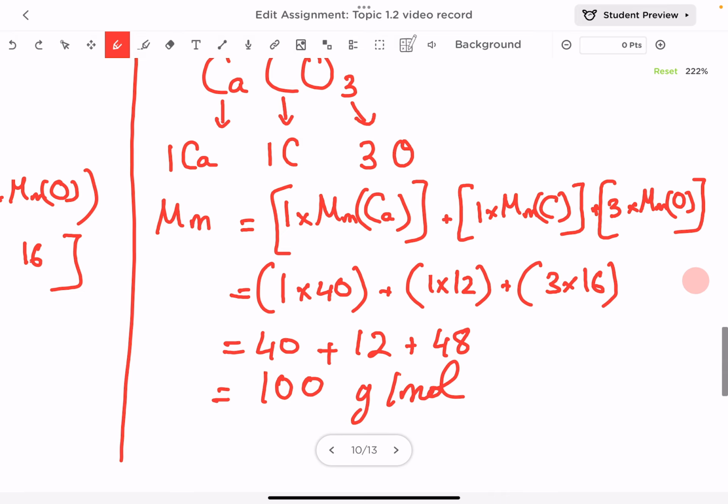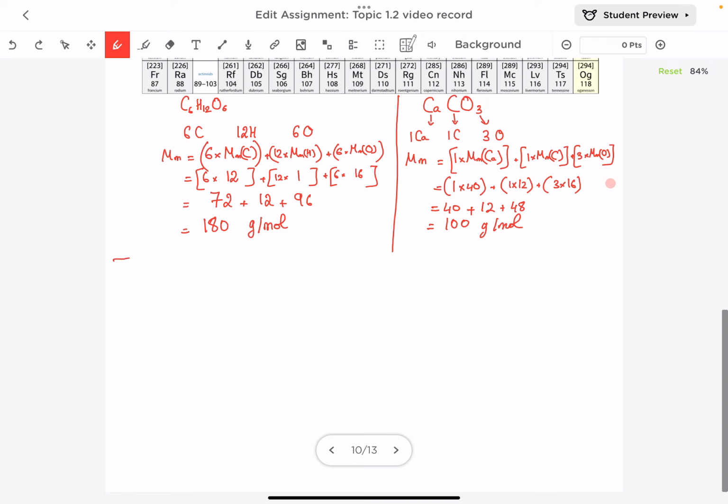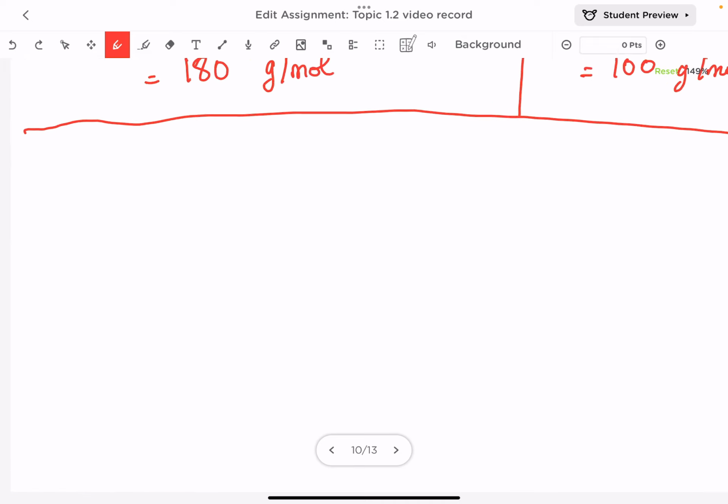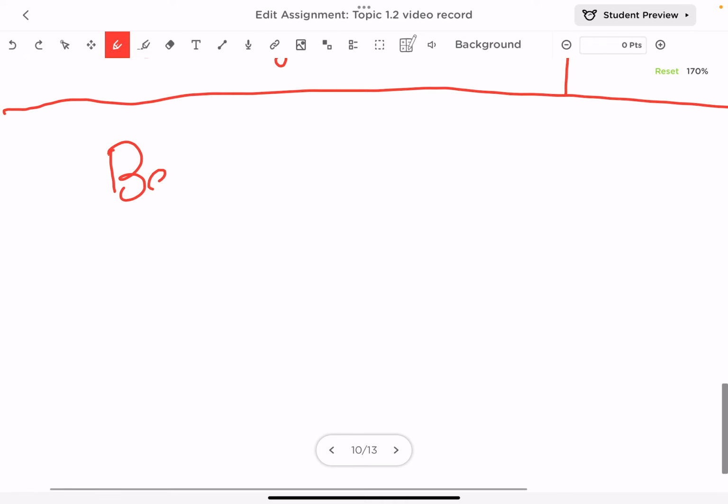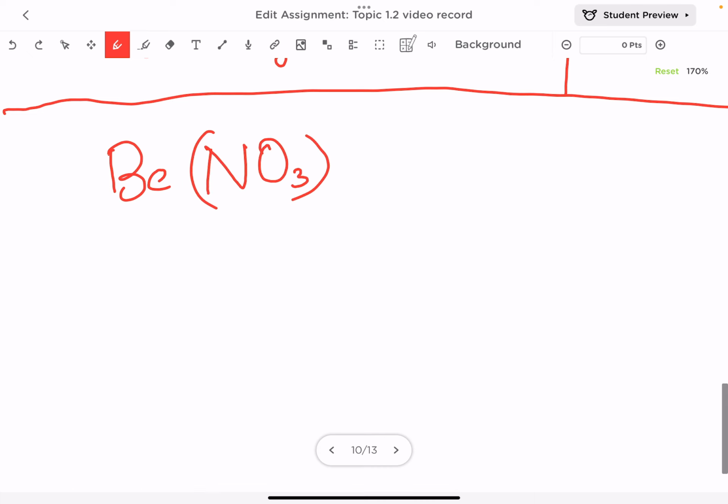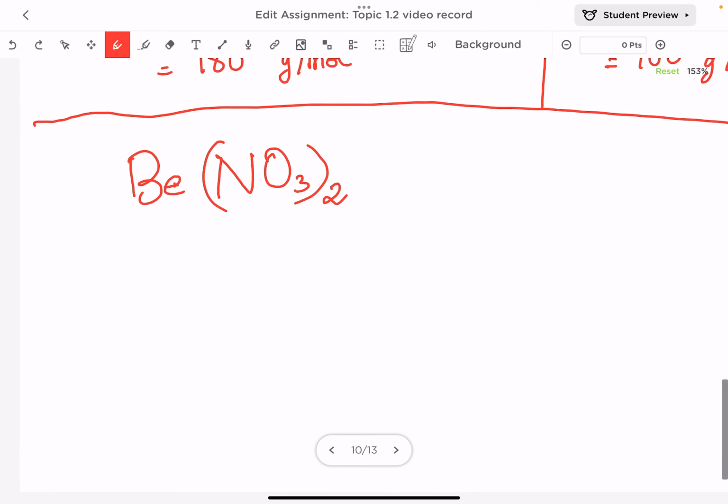Now, the last example I'm going to give you in this video tutorial is a bit tricky. Let's say the molar mass of beryllium nitrate. How do I find the molar mass of beryllium nitrate? Let's first understand the structure of this compound.